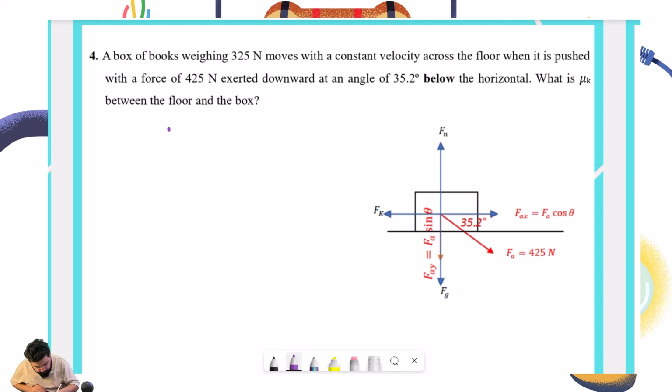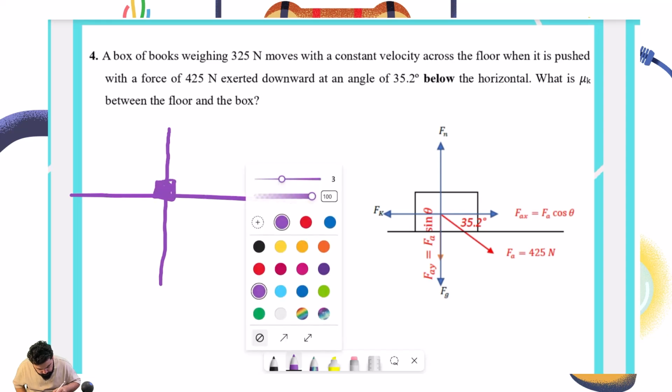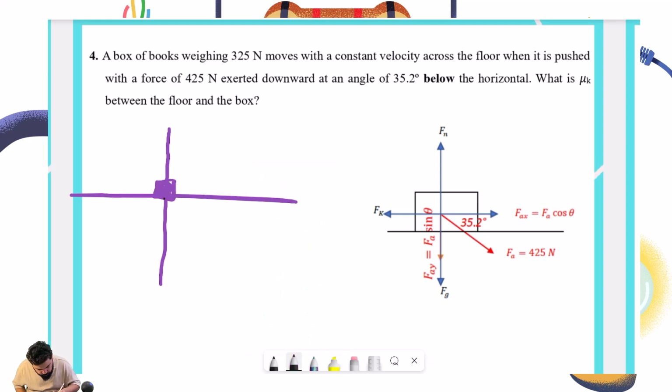So if you draw the coordinate system, you have a box. This box has a weight, so Fg is equal to 325 Newton. You know that you have Fn, without doing anything.